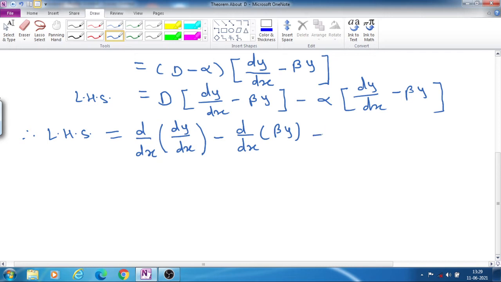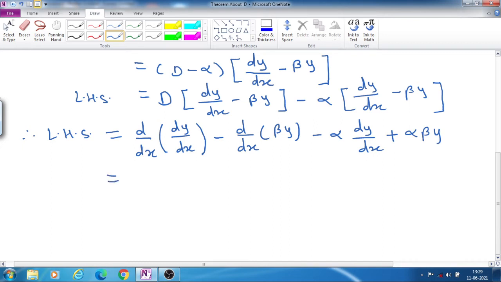And next is minus alpha. This alpha is only a constant, therefore we multiply this bracket by alpha. So alpha into dy by dx, and here minus alpha into the bracket with minus sign, therefore this becomes plus alpha into beta y.